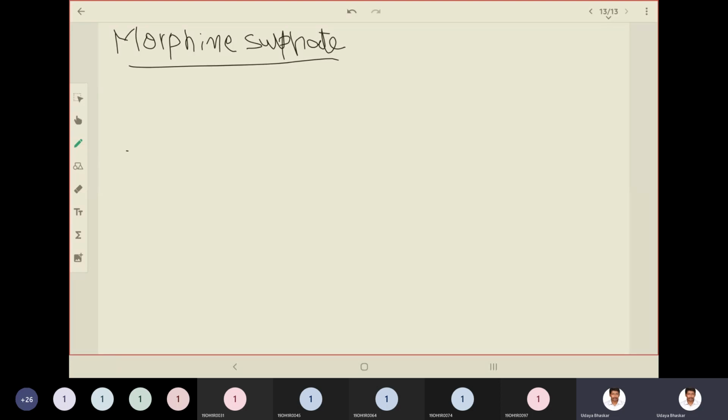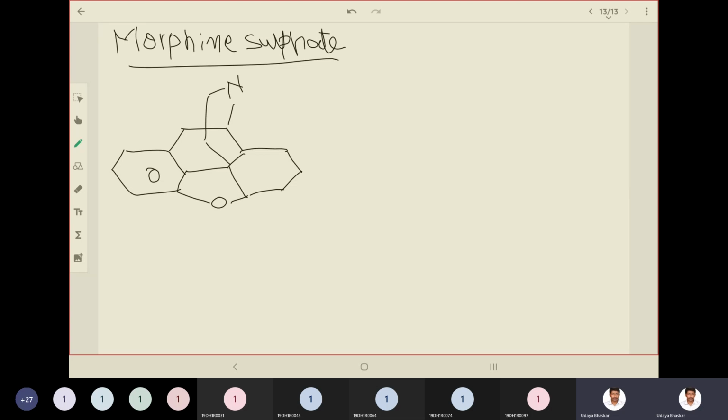This is a pentacyclic ring. This is the phenyl ring. This is another cyclohexyl ring fused to this, another cyclohexenyl ring that is fused. And it is an ether link here. And you have the fifth ring that is attached to this carbon and this carbon.